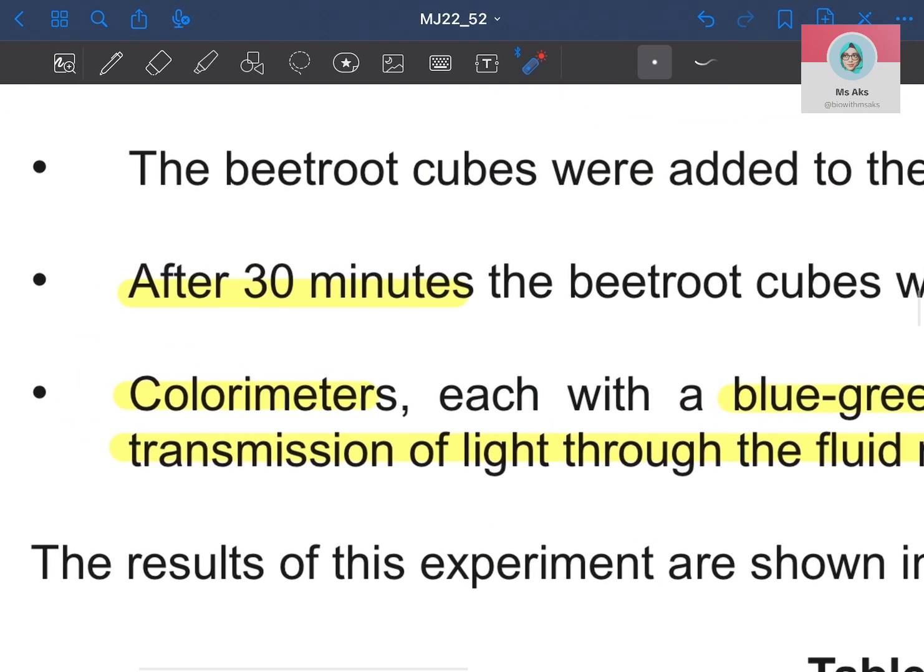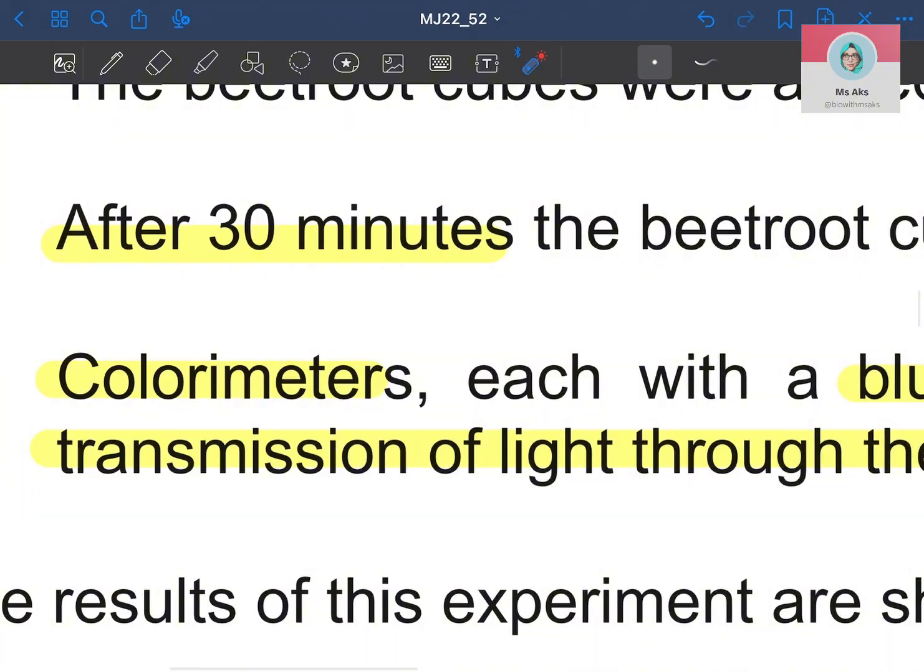So when we use any sort of apparatus or machinery, we need to ensure that we're using the same colorimeters as well, because what normally happens is different colorimeters might have different readings. So using the same colorimeter for each temperature would be a good idea as well.